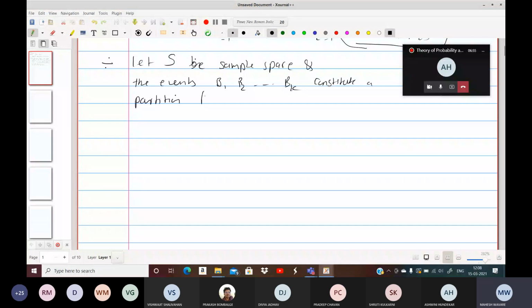What do you mean by constitute a partition? They are mutually disjoint. There are no common elements, and if you take the union of all these, it will be S. The partition of S means everybody is mutually exclusive with everybody, and their disjoint union gives us S. That is called a partition of S.